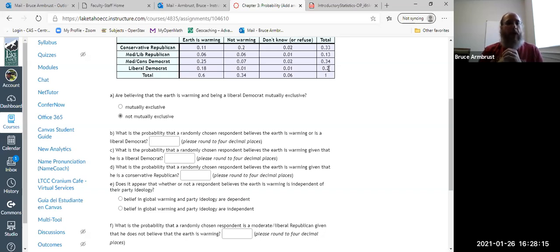And then what do we subtract? Oh, I see Ali put it in the chat box. Thank you. It's the probability of both of them. So in this case, it's the probability of someone who believes the earth is warming and is a liberal Democrat. And remember, for the and, that's the entry that's in the row and column that they share. So in this case, 0.18. So we're going to take 0.6, add it to 0.2, and then subtract 0.18.